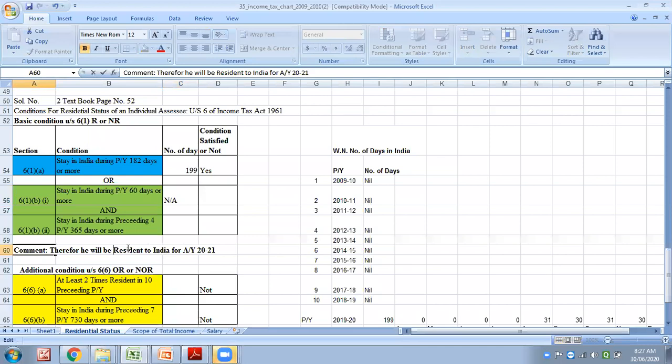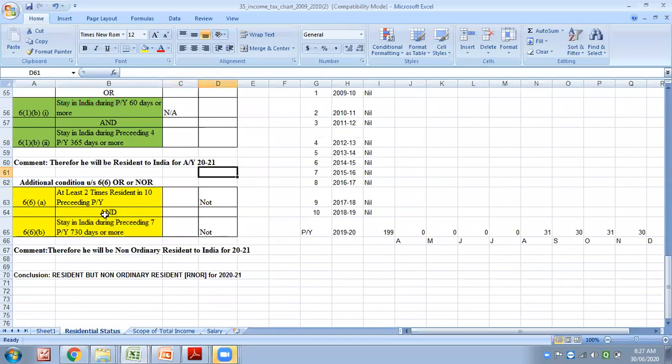Mr. Khan will be resident in India. Once he is resident, then I will check whether he is ordinary resident or non-ordinary resident. Rest all it is 0. Not satisfied, not satisfied.